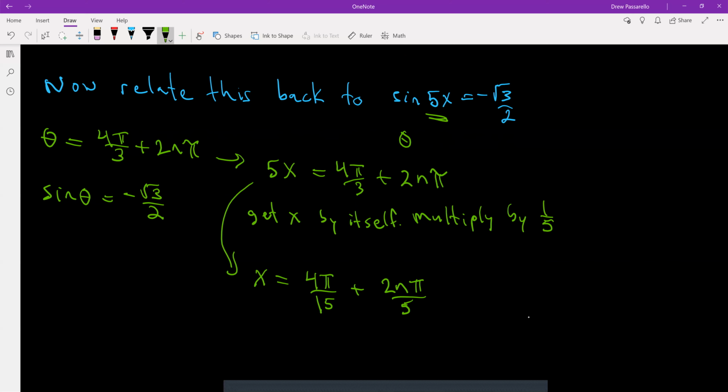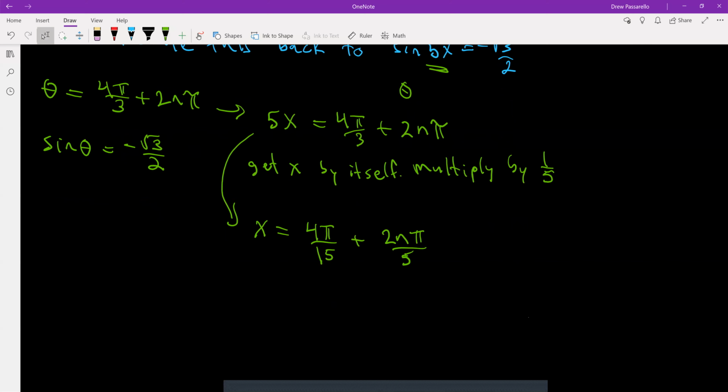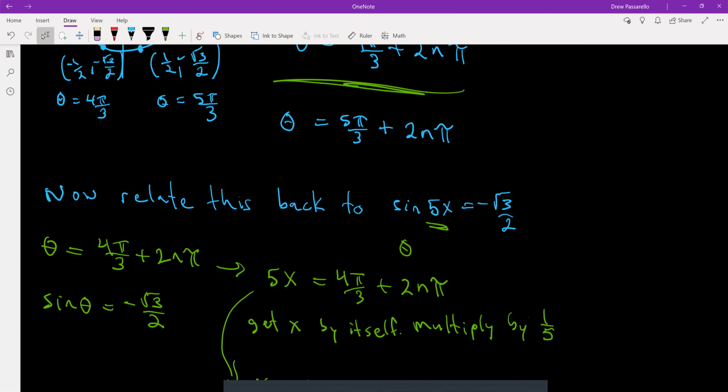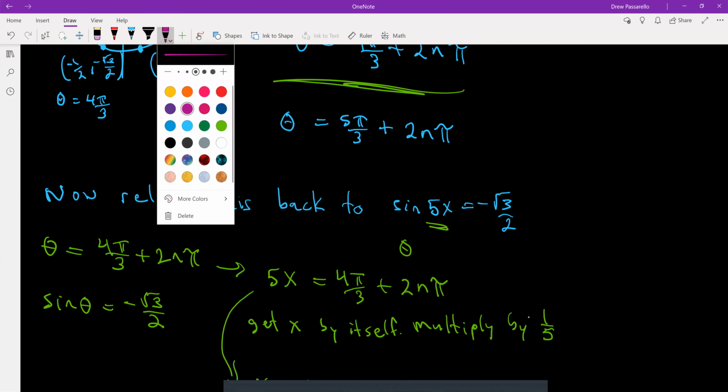All right, that's for one of the cases. And again, this is the general solution, and n is any integer. I'm going to find the general solution for the other case and then narrow it down to the specific solutions. All right, and I'll use a different color for this next one.